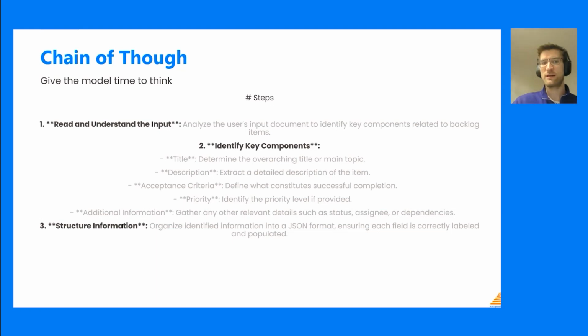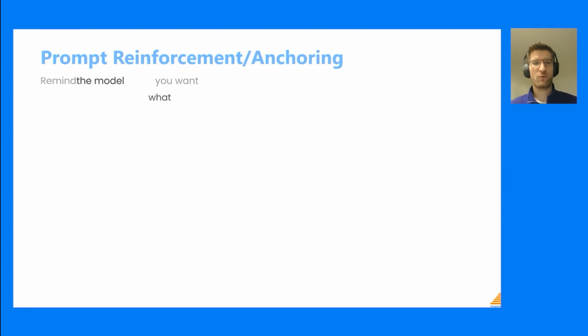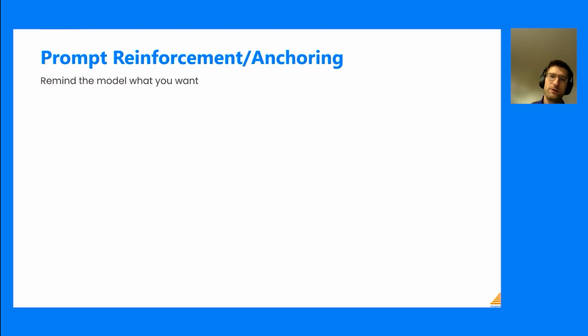So we know few-shot learning, we know chain of thought, and I have just one more for you, which is prompt reinforcement or anchoring. You know, the more you get into this prompt engineering topic, the more you realize that talking to language models is very similar to talking to more junior developers.